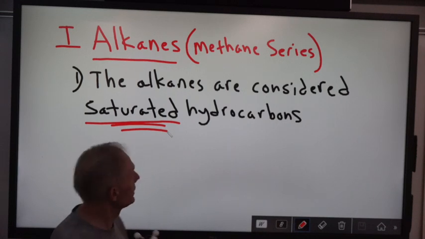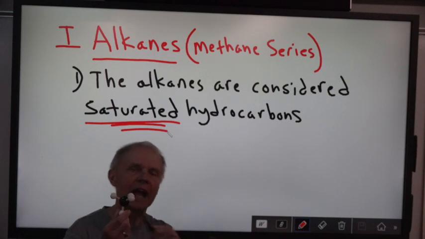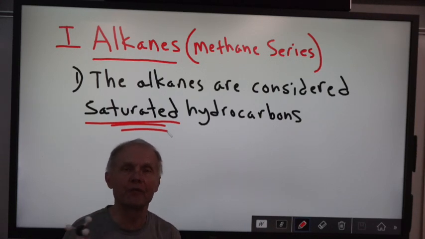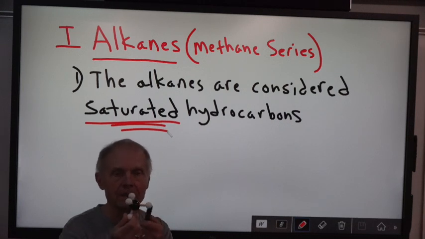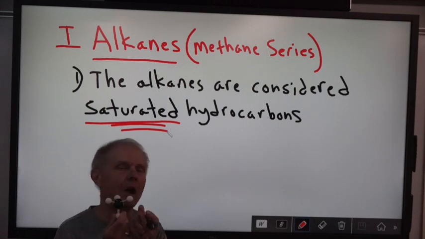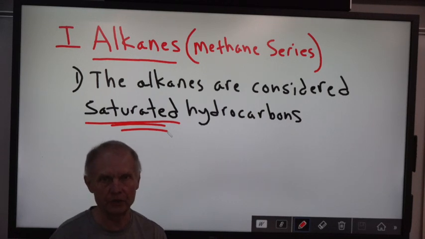Saturated simply means this. The carbons are totally saturated with hydrogens. In other words, remember, carbon needs 4 bonds around it at all times. Well, for methane, it has 4 hydrogens. And I don't care how many carbons there are, but they have to be saturated with hydrogens.